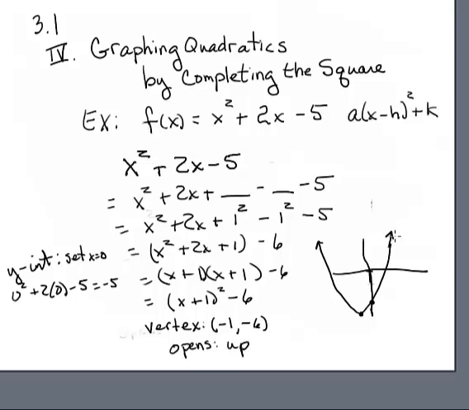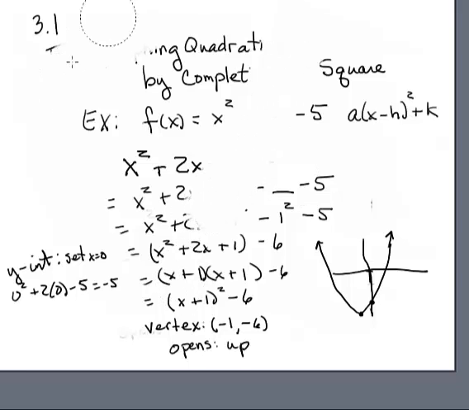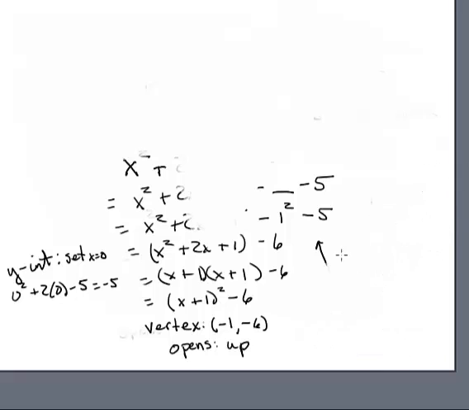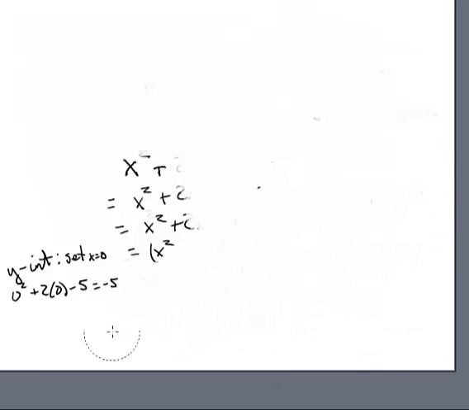Okay, now I'm going to erase this and we're going to do another one, and practice getting it into the correct form, because using that, completing the square, making a perfect square, makes it easy to graph.